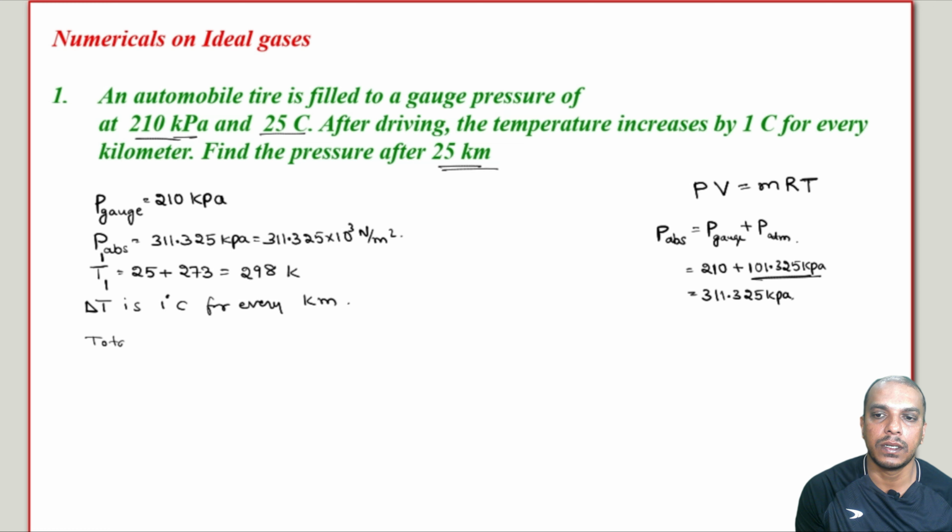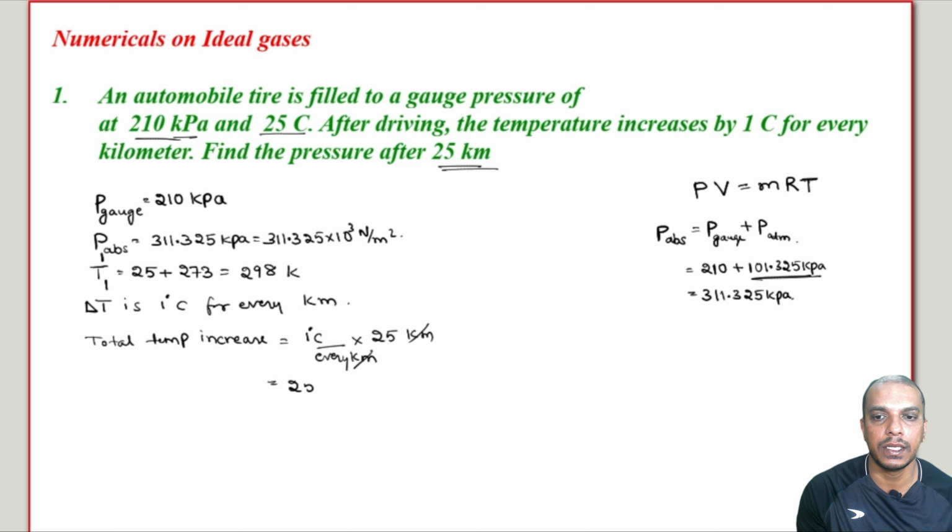So, the total temperature increase will be 1 degree Celsius per kilometer multiplied by the distance covered, that is 25 kilometers. So, kilometer gets cancelled out.